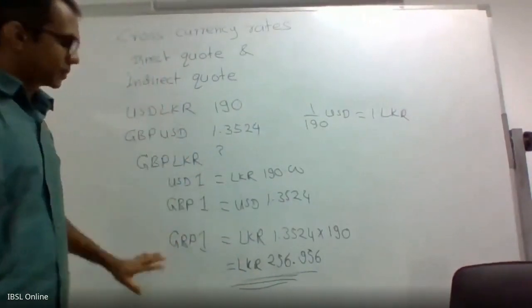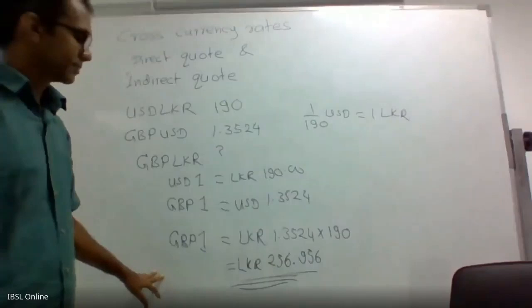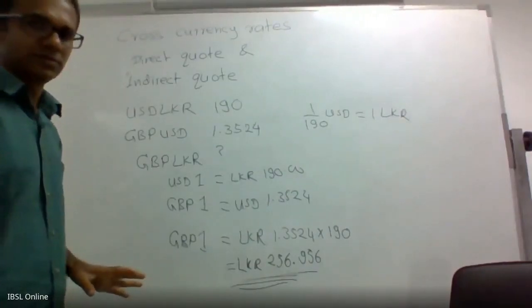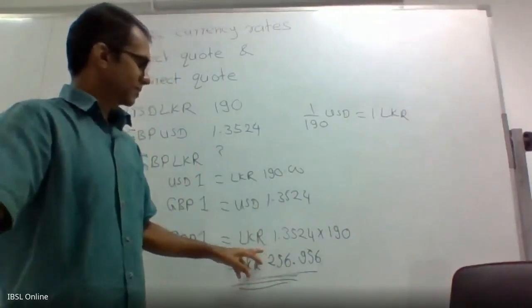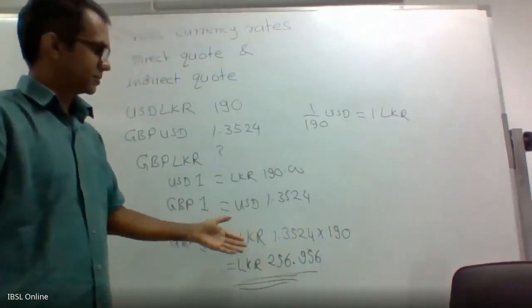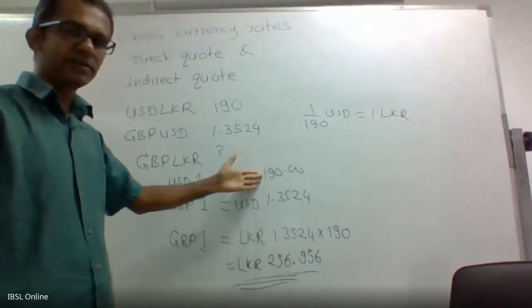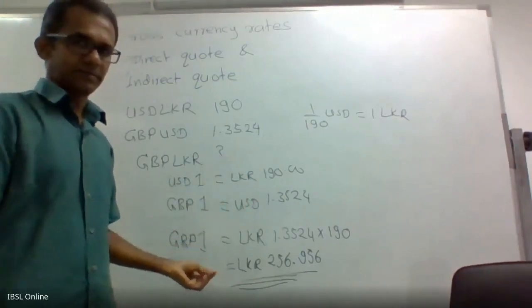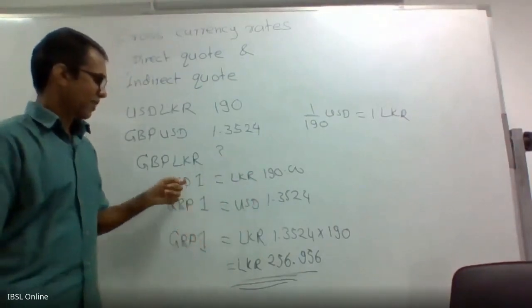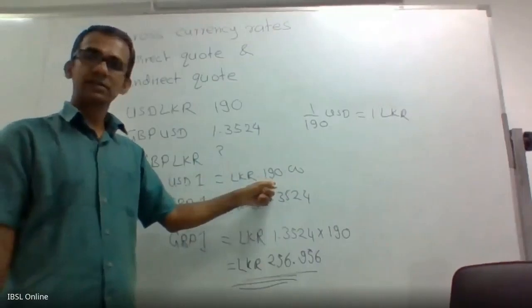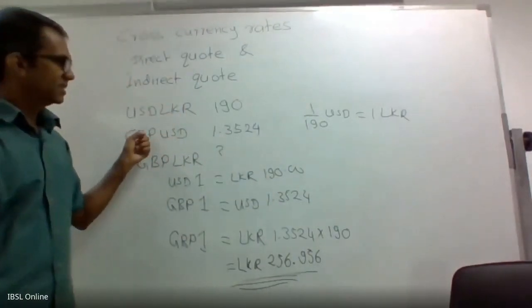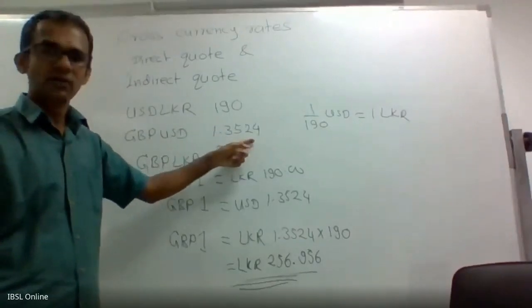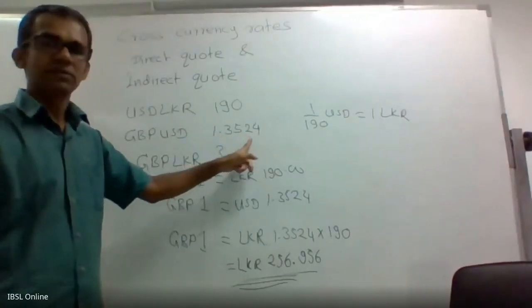Whenever you do a calculation like this, you should have some rough idea about the answer. Should it be more than 190 or less than 190? $1 equals 190 rupees. Here you can see 1 sterling is more than $1, 1.3524.